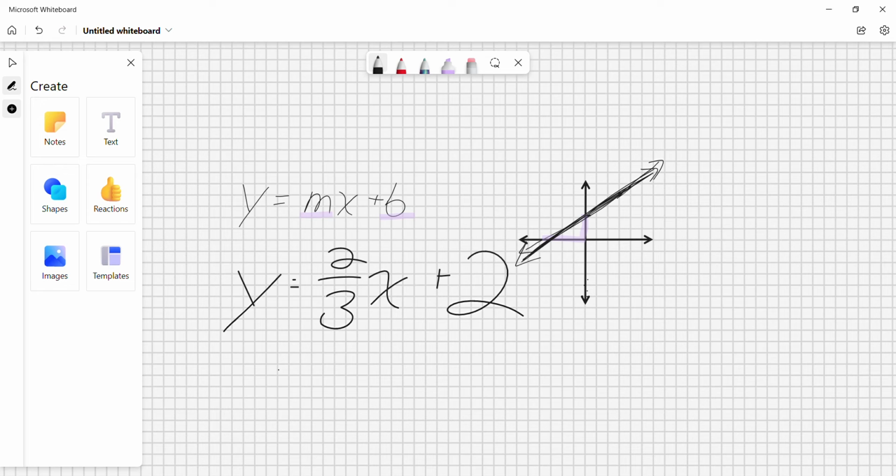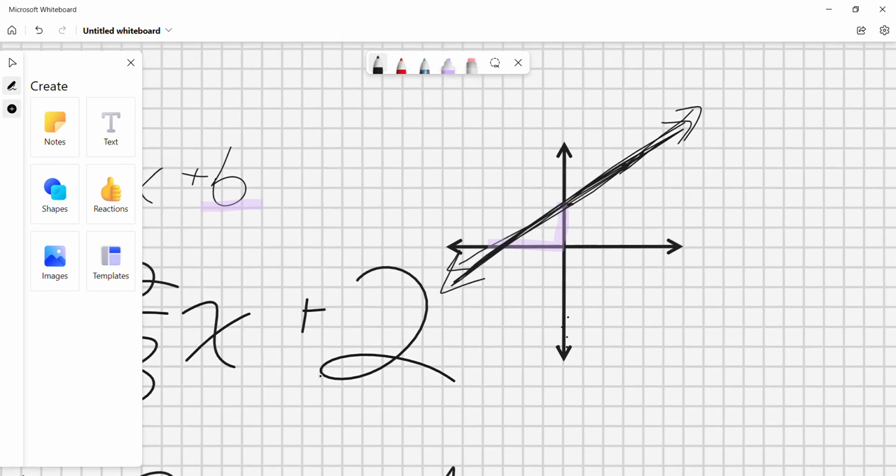Let's say y equals, how about 2/3 x? Ooh, same slope. Plus, actually, let's make it minus 1. So my y-intercept is -1. My slope is the same. What do we think that line's going to look like? Consider it in your head. Pause the video if you really want to ponder it.